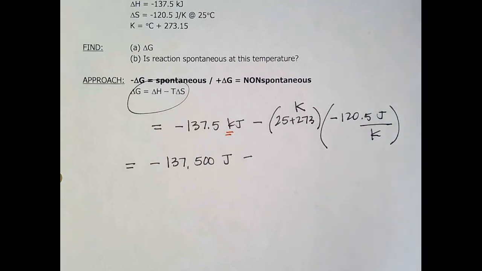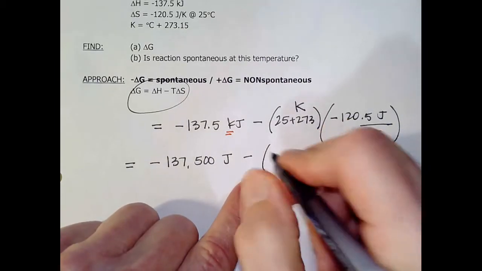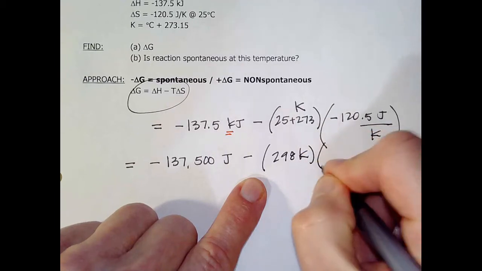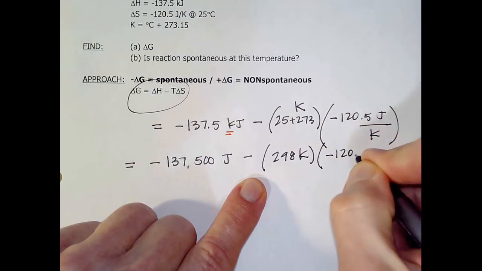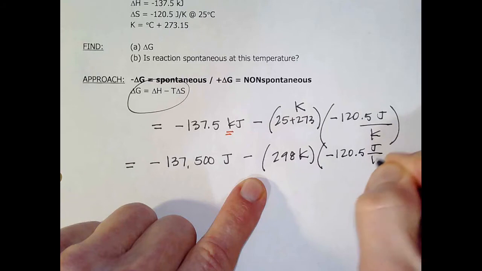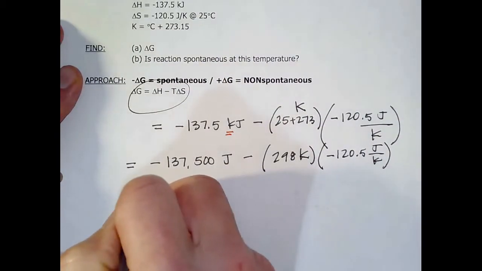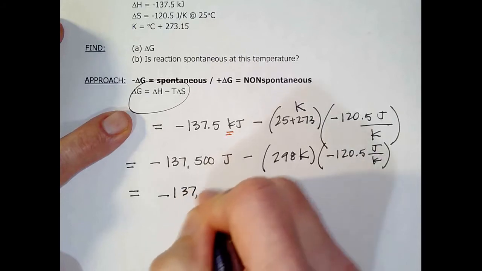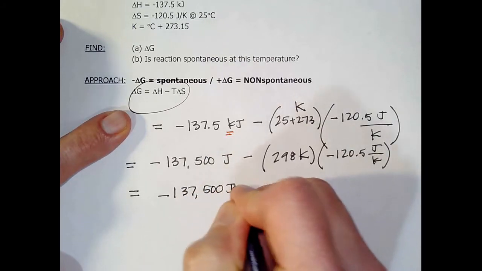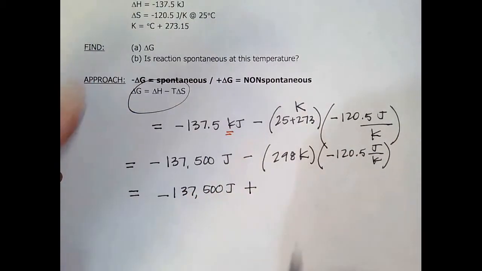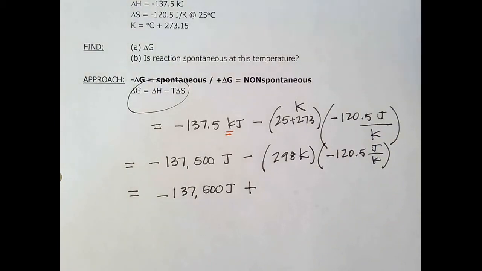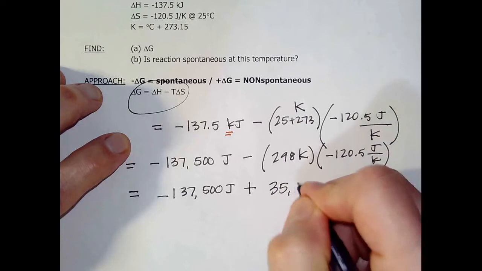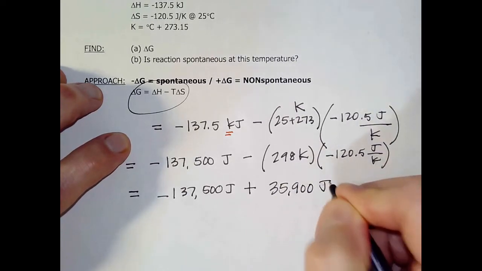Now I've got 298 kelvins times minus 120.5 joules per Kelvin gives me minus 137.5 joules plus, review that algebra, 35,900 joules. I'm going to do the math. What do I get?